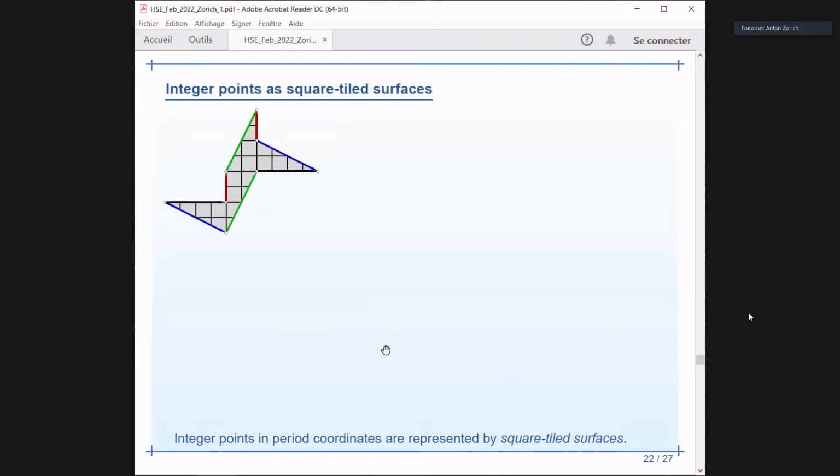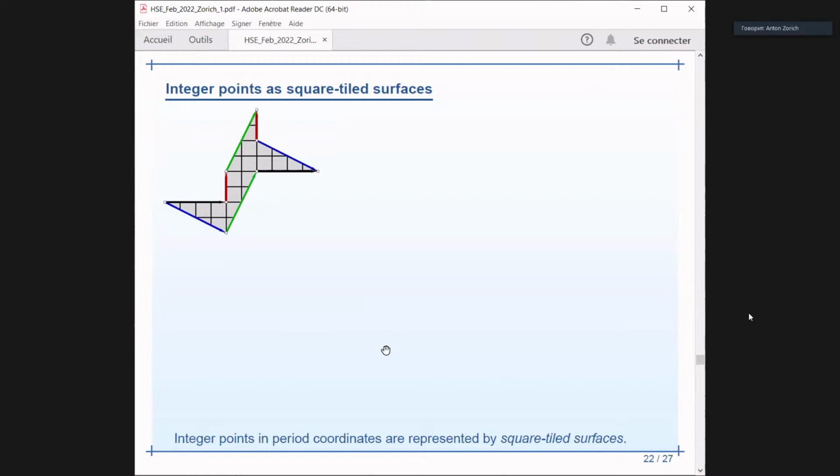So first, a pictorial proof. When the lattice points correspond to surfaces where all the vectors which we use to construct a polygon have the form integer plus I integer, like in the picture, when you have a surface glued from a polygon like this, then you can make the following operation.